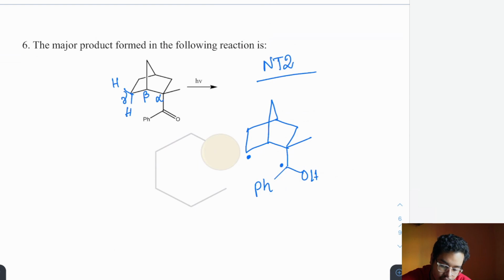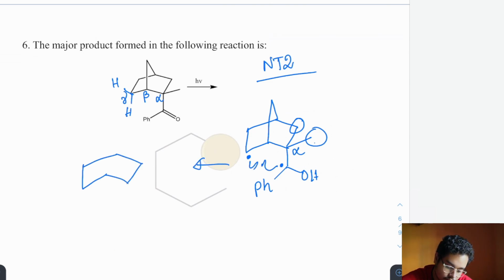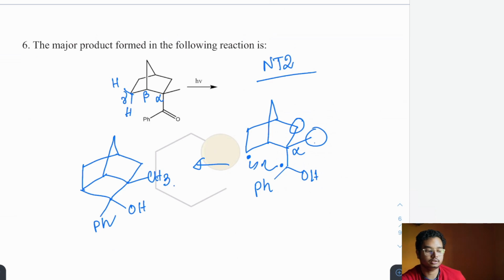Now this is the alpha carbon. You see that the alpha carbon contains bulky groups. This is methyl and this is this particular one, but both are carbons. So that means cyclization is the only option, and hence it will go cyclization, and finally it will be the same OH, pH, with a CH3 there. So this will be like that.